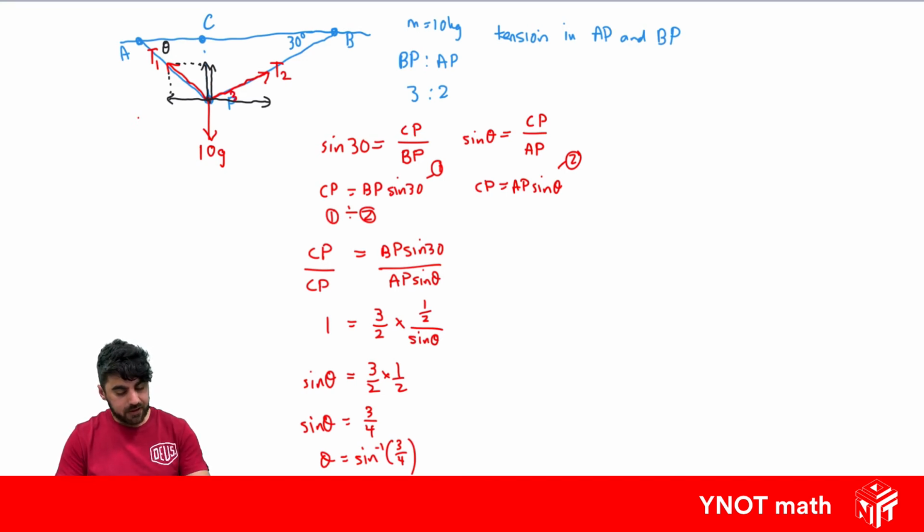We know the angle in here is 30 degrees from alternate angles, and this one is also equal to theta, also from alternate angles. The horizontal component of this force over here is going to be T2 cos 30.